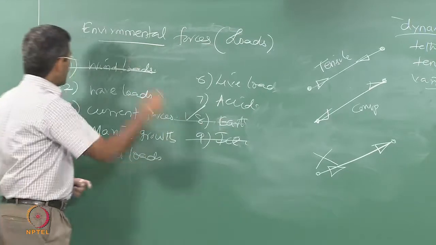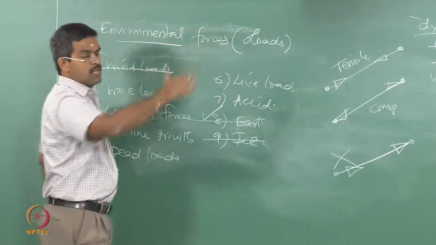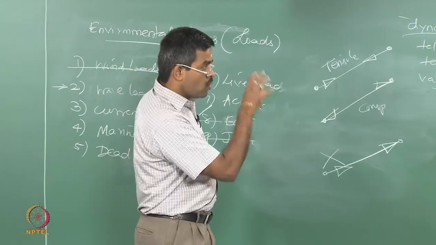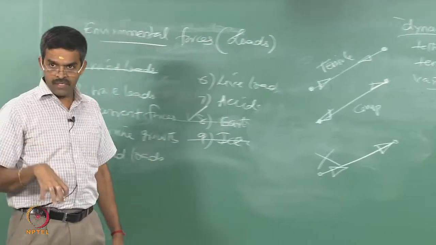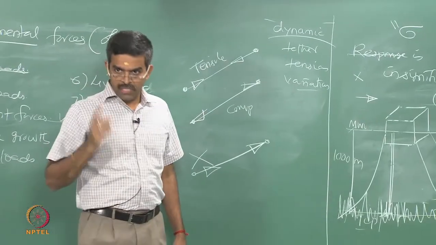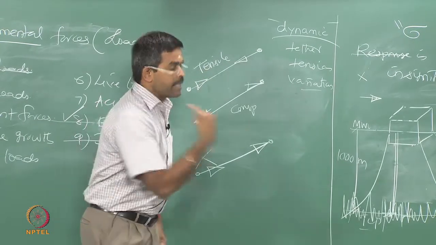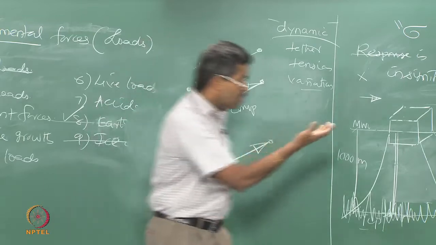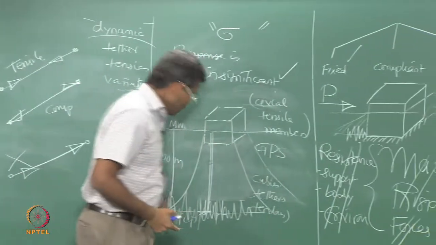Similarly, one can apply any one of these in mindset and see how the structures will behave if you know the structural geometry. So, the most important component that now comes to mind is, what is the geometry which is important? Is it the size? Is it the member arrangement? Is it the cross sectional dimensions of the member, or is it the water depth?